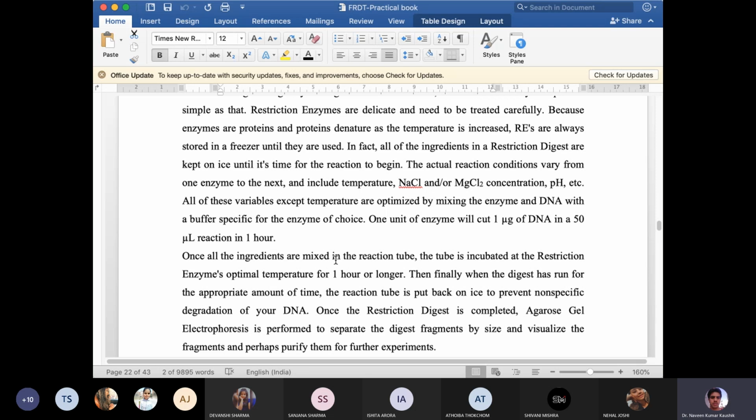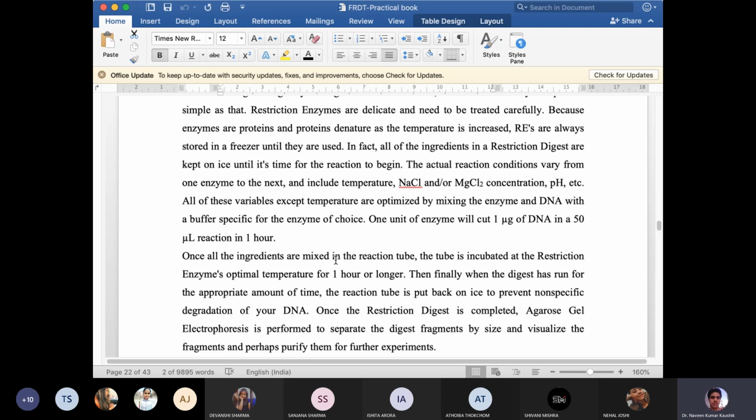But here, for a restriction endonuclease, 1 unit of enzyme is that amount of enzyme that will cut 1 microgram of DNA in a 50 microliter reaction in 1 hour.